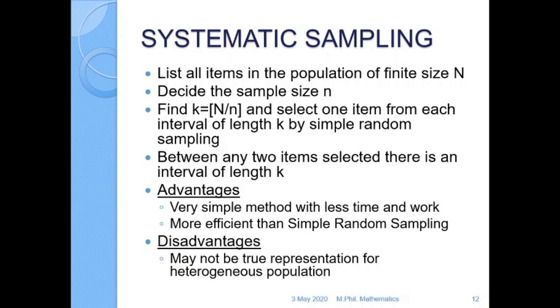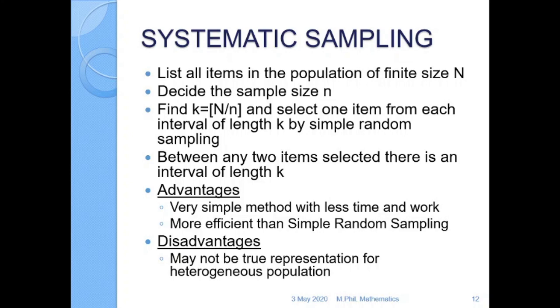All the 100 units of the population are listed out. Then we divide the whole population into classes of 10. 1 to 10 comes under the first class, 11 to 20 goes to the second class, and so on.